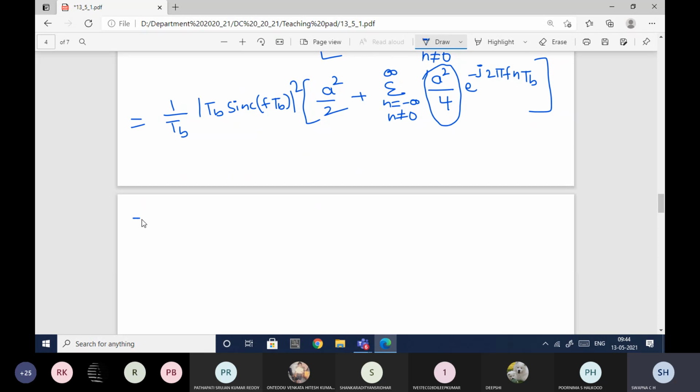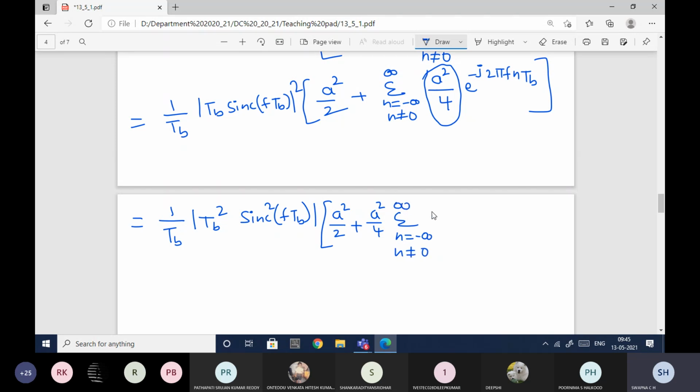Now what I'll do, I can take this outside because it is independent of n. So I can write it as 1 by TB, TB square sinc square FTB, into A square by 2 plus A square by 4 summation n is equal to minus infinity and n not equal to 0 to infinity e power minus j 2 pi fn TB.